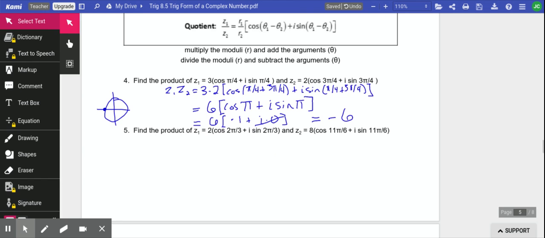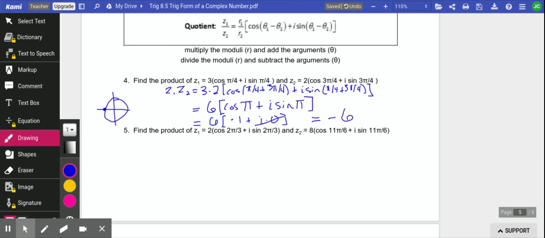We want to find the product of these two numbers. So z1 times z2. So we're going to start by multiplying our r's, 2 times 8. And then we're going to add the thetas. So cosine of 2 pi over 3 plus 11 pi over 6. And then I sine, same thing, 2 pi over 3 plus 11 pi over 6.